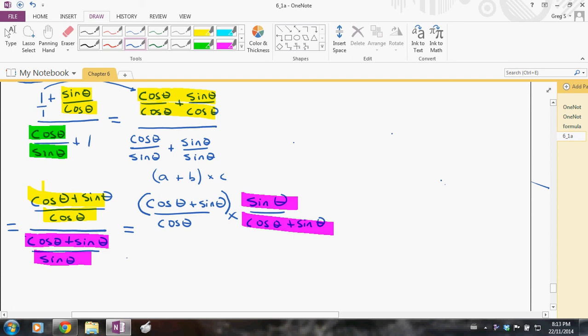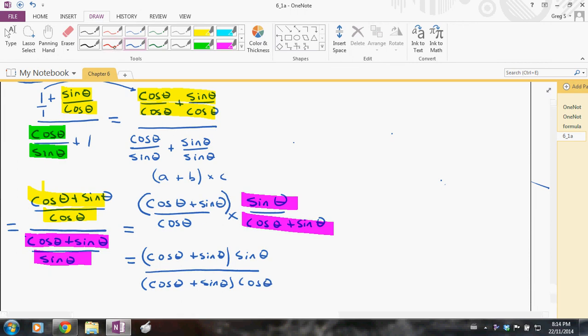So I'll even write this out one more time. The cos theta plus sine theta all multiplied by sine theta. Now this is going to be all over, I'm going to put the cos theta plus sine theta part first, just so that we can see that we are allowed to cancel those out.